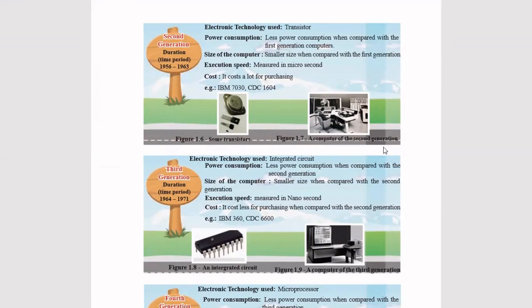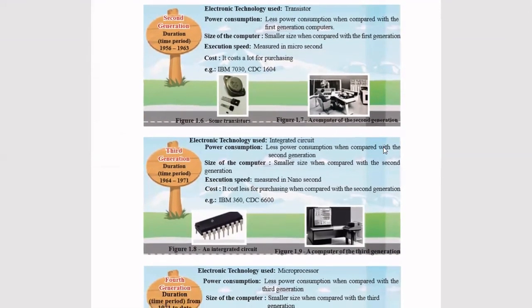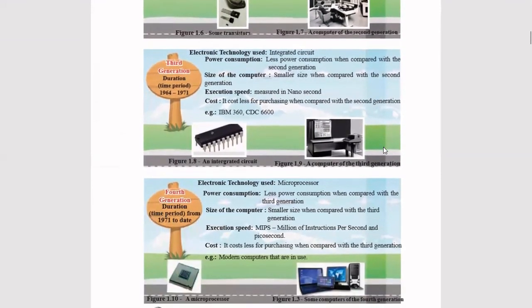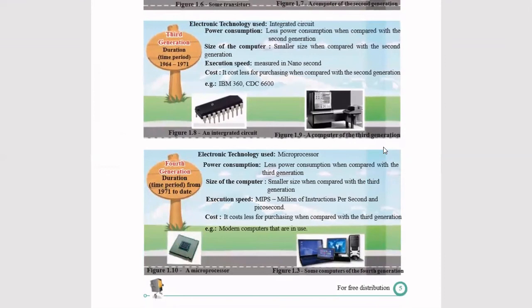So examples they have given are IBM 7030 and CDC 1604. Right? At least remember one example from each generation. Then comes the third generation. Integrated circuits were used as the technology of these CPUs.